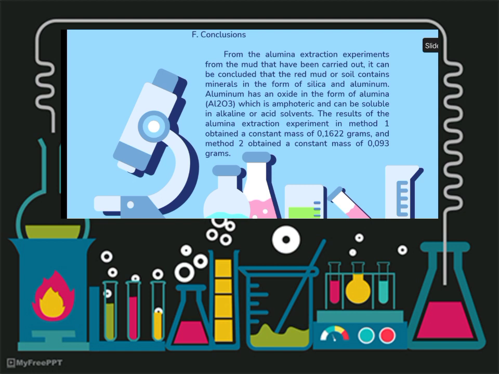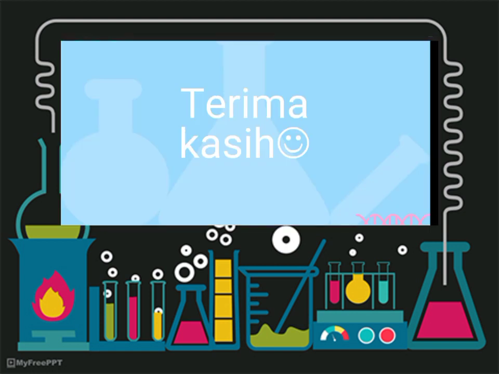The result of the alumina extraction experiment in method 1 obtained a constant mass of 0.1622 grams and method 2 obtained a constant mass of 0.093 grams. That's a little explanation from me.